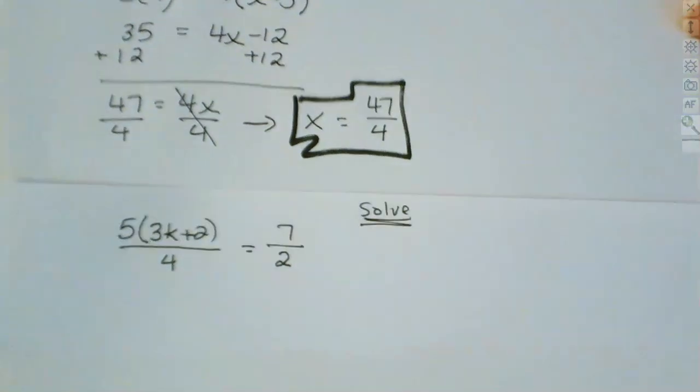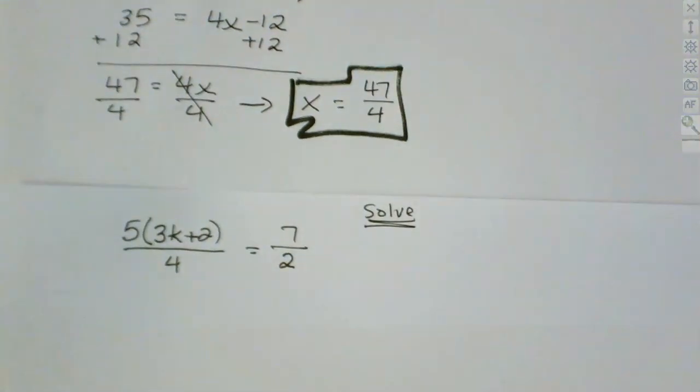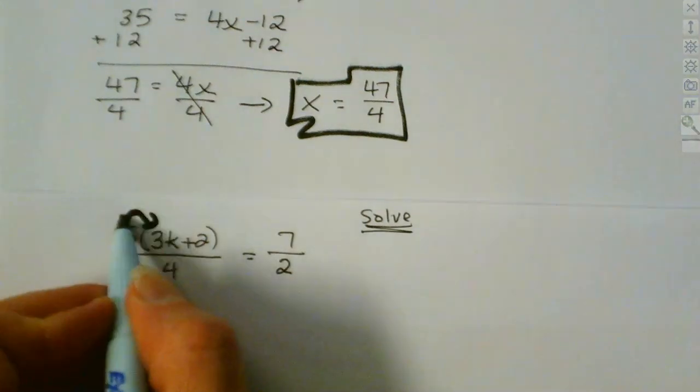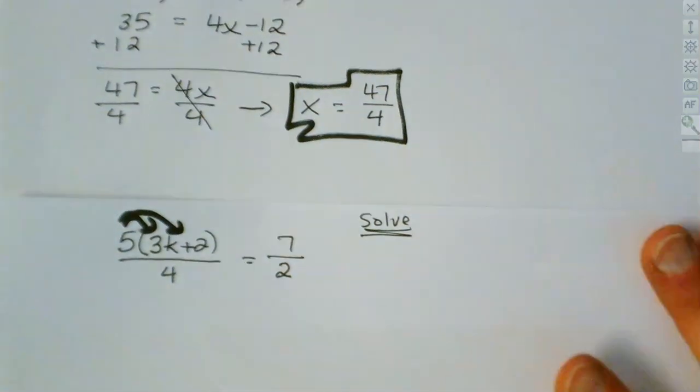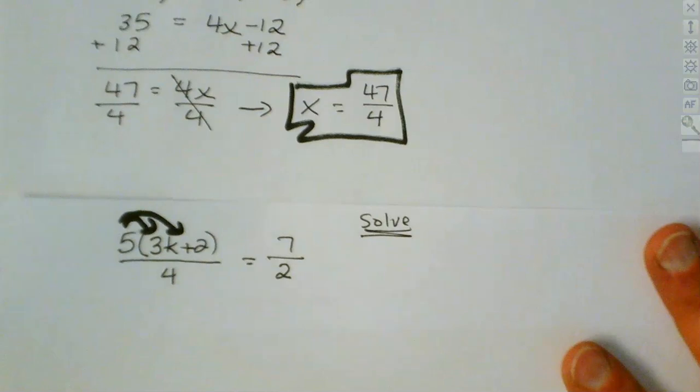What I would do, and what I always like to do, is if you have a question that has parentheses, I always like to just get rid of the parentheses to begin with, because that's our order of operations. So if I gave you this question here, I would go ahead and distribute that 5 through, just to get rid of the parentheses. You can cross multiply first, but I like to strictly follow the order of operations.